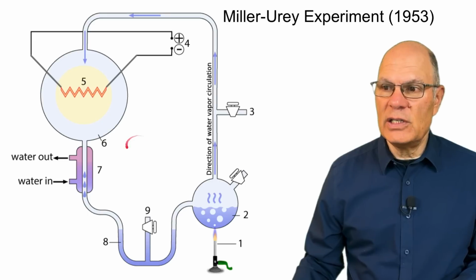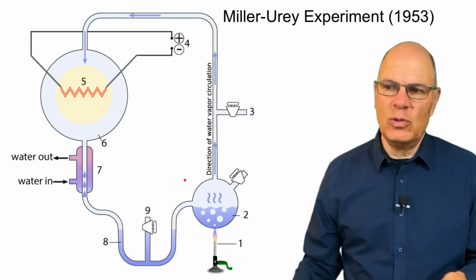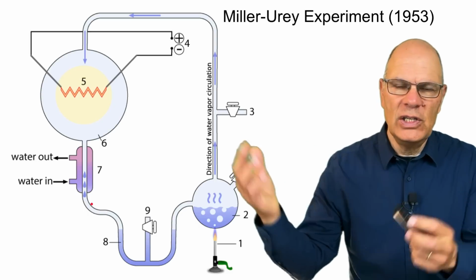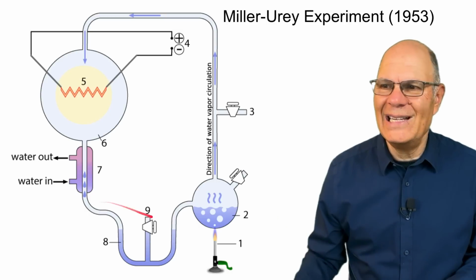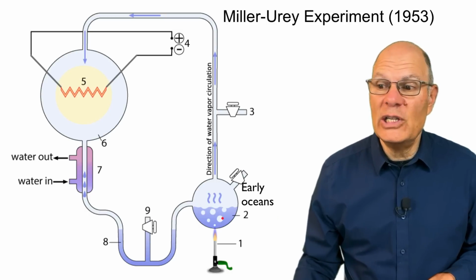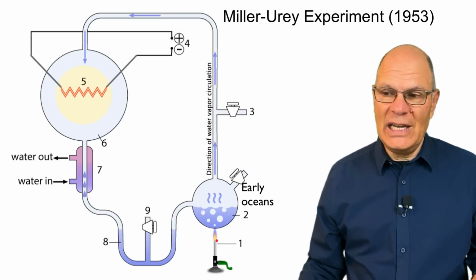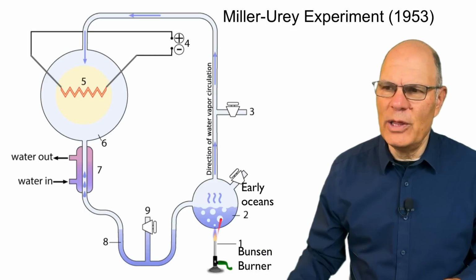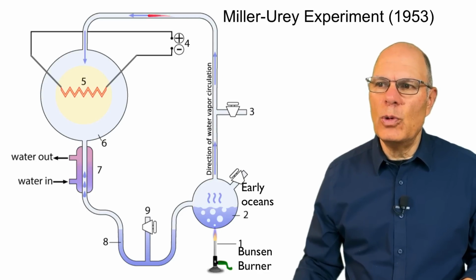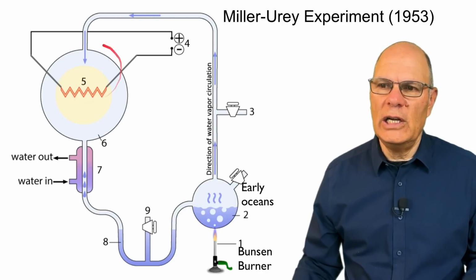They created this sterile apparatus with various chambers and tubings, and the whole thing was sealed off from the outside world and sterile. This chamber over here at number 2 represented the early oceans. It was heated by a Bunsen burner or some other heating device, and then the steam circulated through these tubes over here.